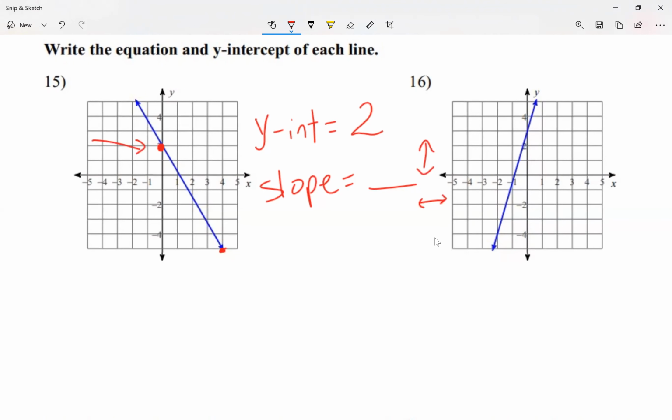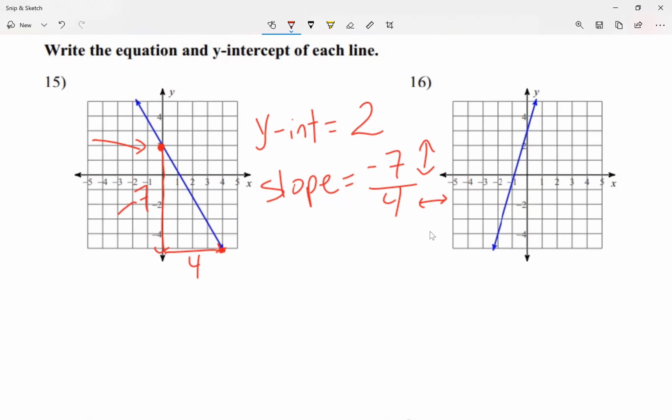So let me start at this point. Okay, so it seems like I'm going to go down. I count how many squares, and I went down 7. So I'm going to put a minus because that means I went down. So -7. And then I go to the right 4 spaces.